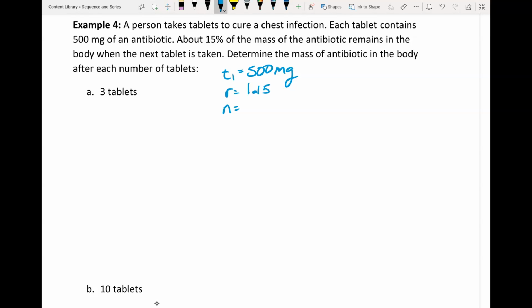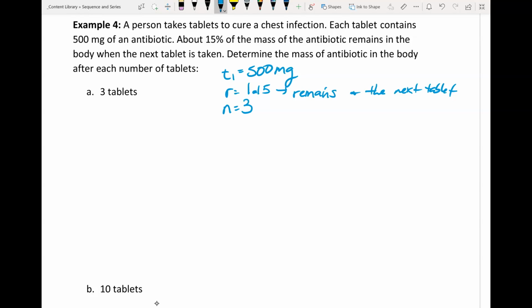And in this case, we're looking at 3 tablets, so n is 3. So again, your R is what remains and the next tablet. So that means this 15% is what is remained from the last tablet, and the 1 in the front is the full next tablet, which is 500 milligrams.